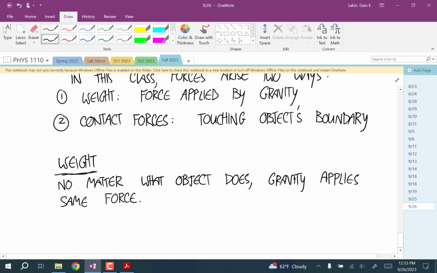Well, that means we can think of any situation we want to figure out what force gravity applies to something. So what we're going to think about is an object in free fall.